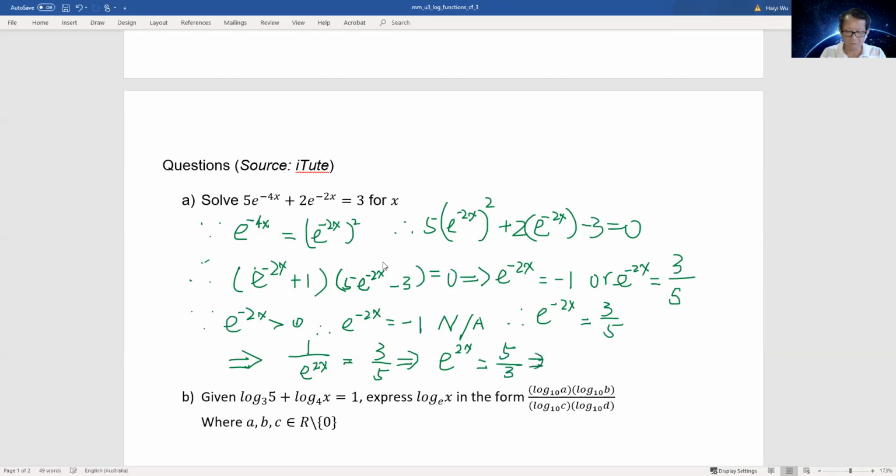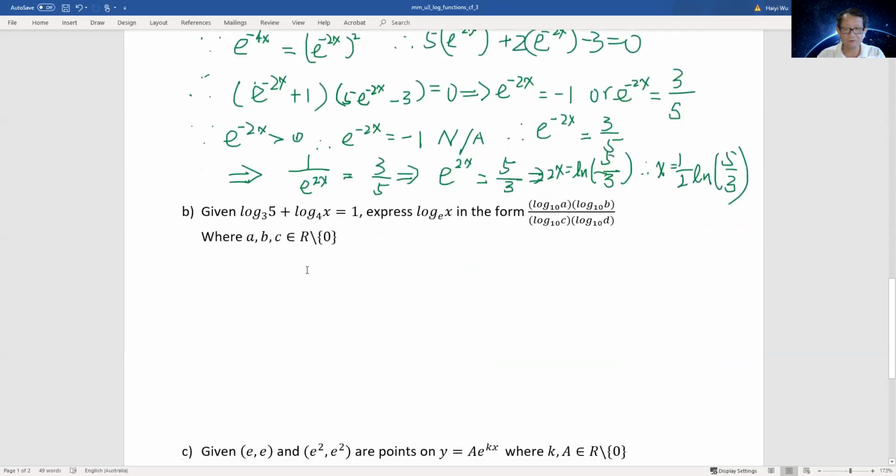So therefore, 2x is log base e of 5 over 3. So therefore, x equals half of log 5 divided by 3. All right, so that's the solution for the first question.